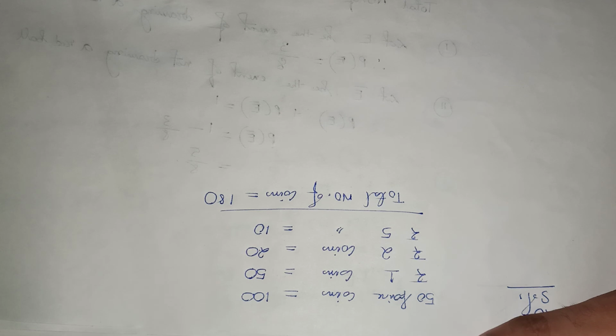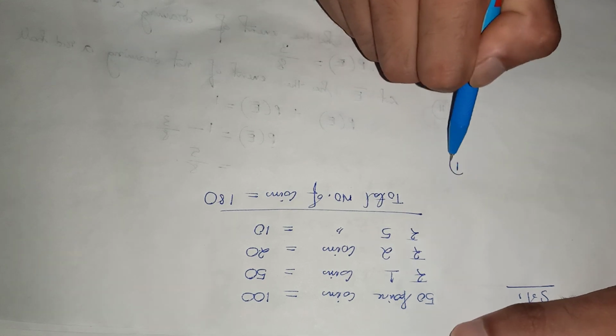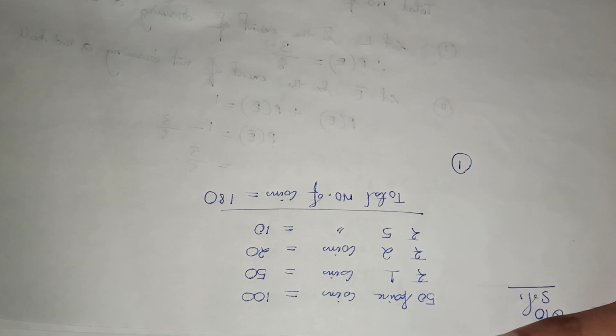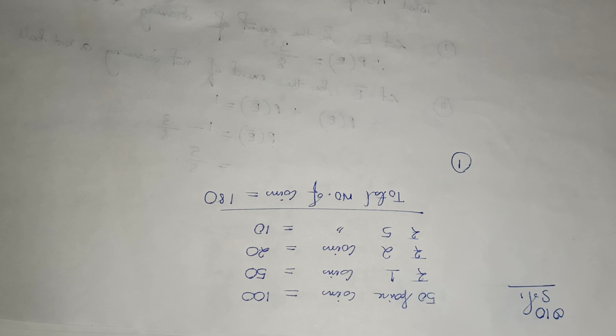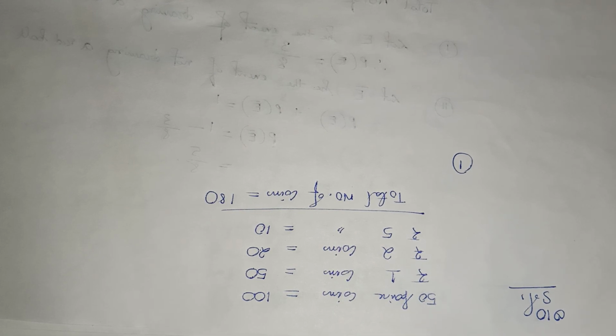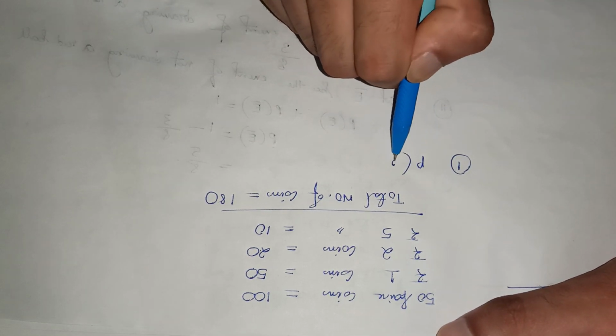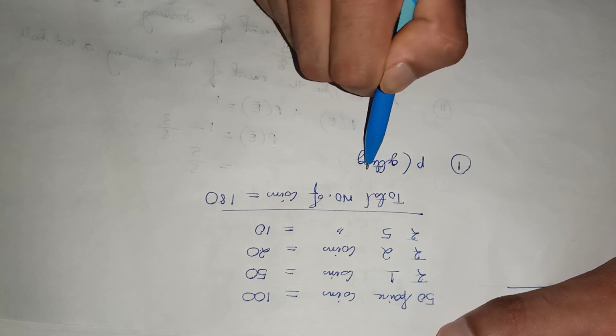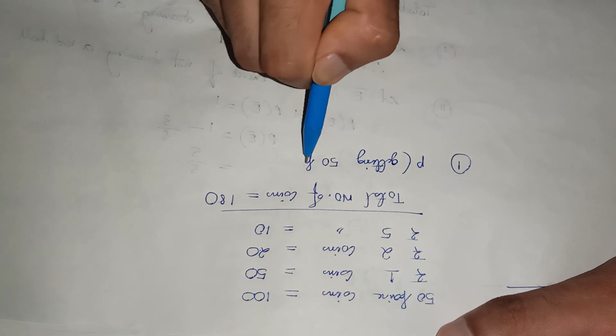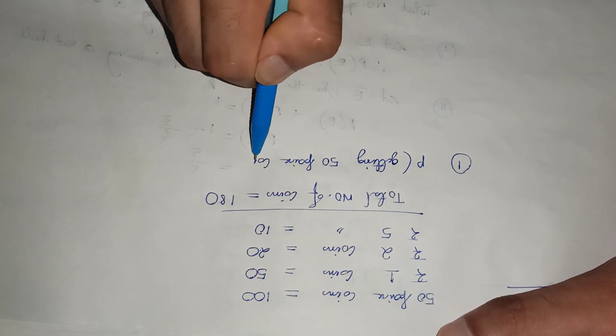Now here we have to find out the probability that in the first one, the coin will be a 50 paise coin. We can always denote by E1, E2, E3, or we need not necessarily do that. This time I'll be doing it directly. We want to find out the probability of getting a 50 paise coin.